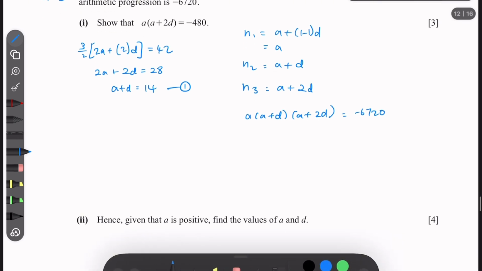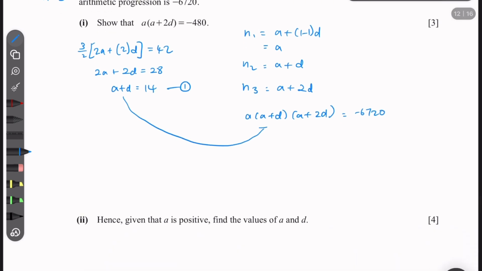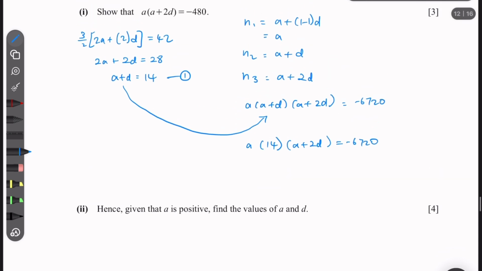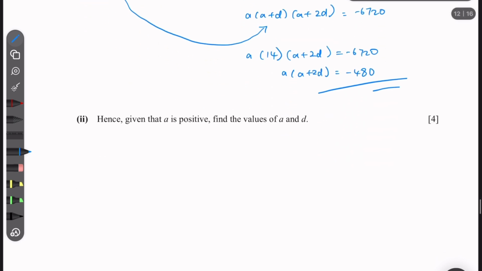Okay, now we can use this equation and sub it in to get this. And this is the format that the question wants. So we have proven the question. Okay, so part 2.